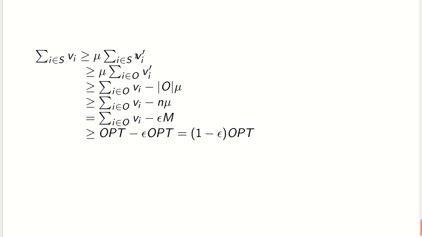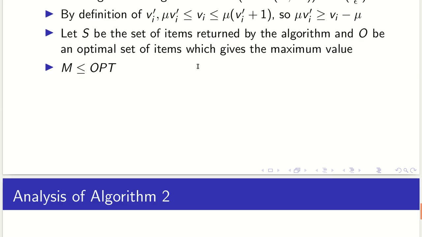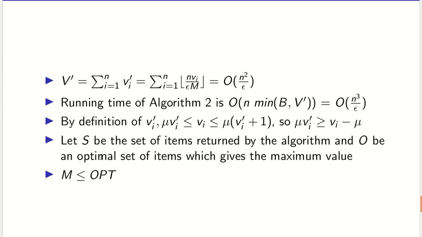And for vi dash, if the values of the items were vi dash, then our algorithm gets the optimal value. So its value will be greater than or equal to that of the set O, which is the optimal set of items, even though the values were vi dash instead of vi.